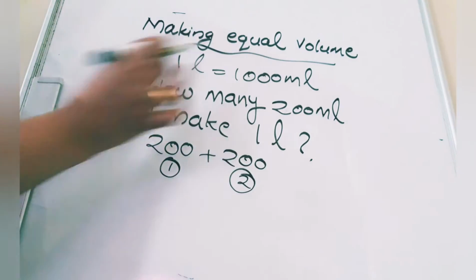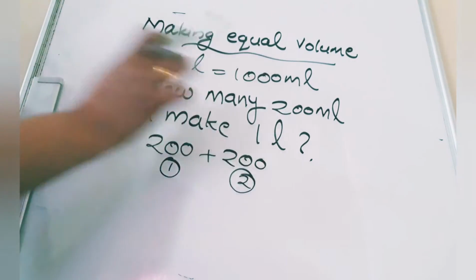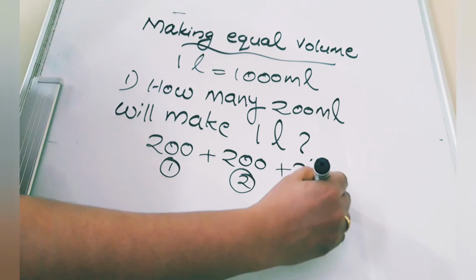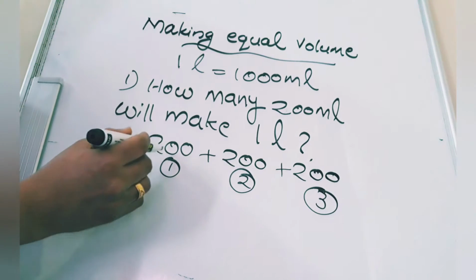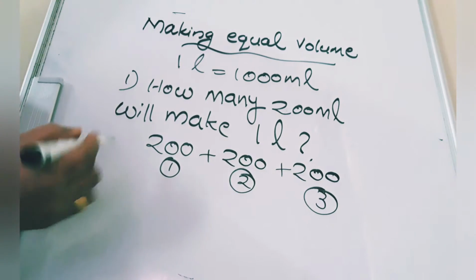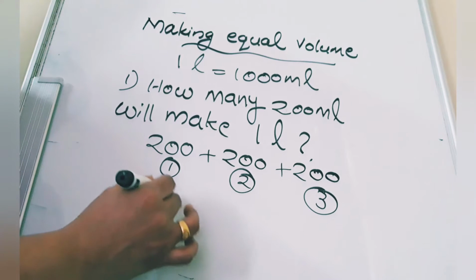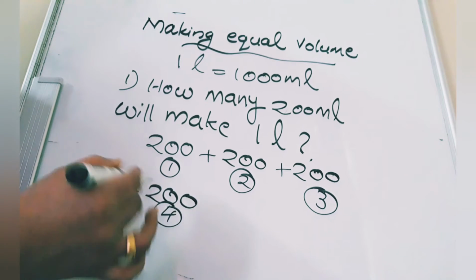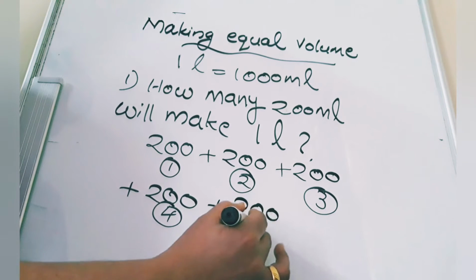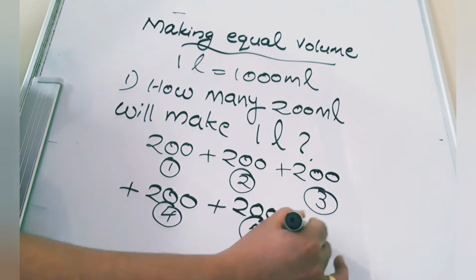We should get 1000 ml because 1000 ml is 1 liter. So take one more time and check. 3 times: 200 plus 200 is 400, 400 plus 200 is 600, and 600 plus 200 is 800. One more time when you take, that is 1000 ml.